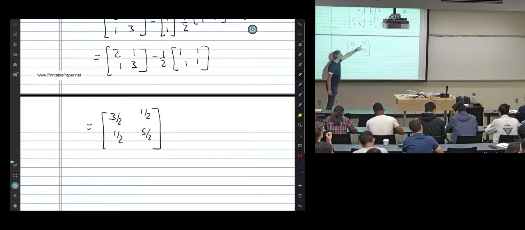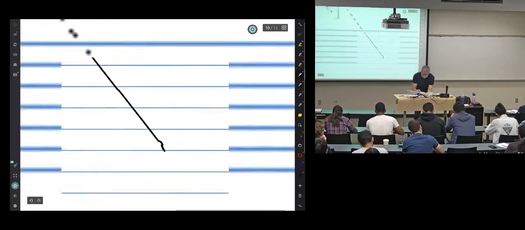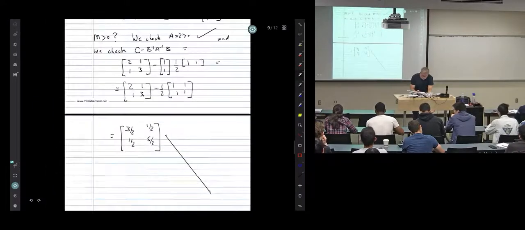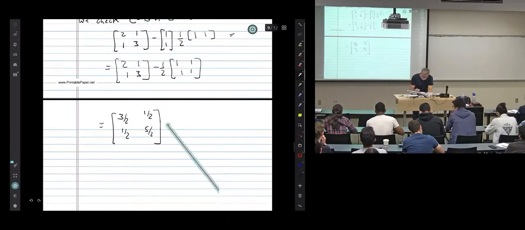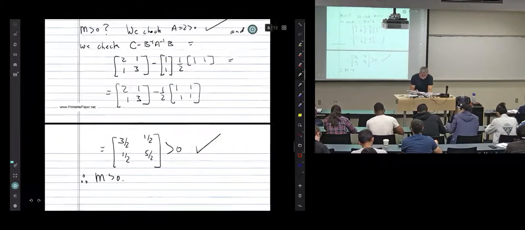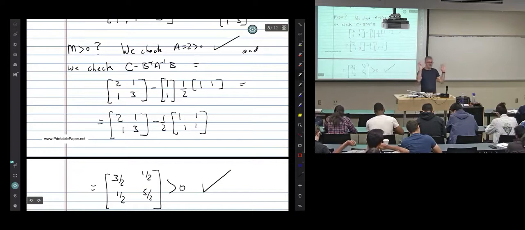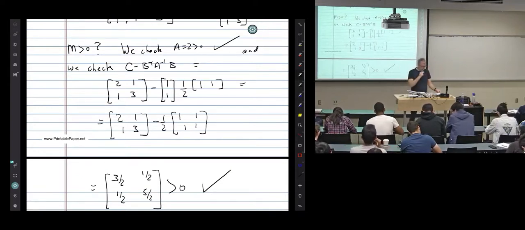Three times 5 is 15, minus 1 is 14, positive definite, okay? Does your paper do that? Only mine. Check, okay? Conclusion, M positive definite. So exam problems look exactly like that, okay? They look exactly like that.